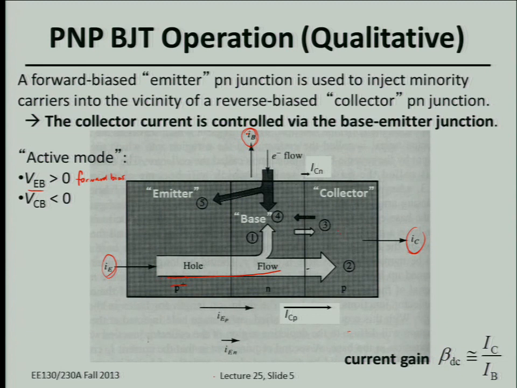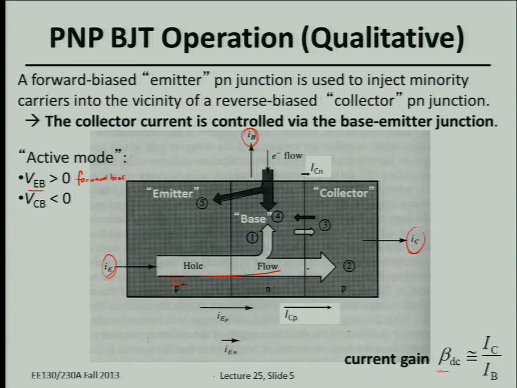That's the current gain, the DC current gain beta. It's defined to be the ratio of the collector current to the base current. In order for that to be a large number, much greater than 1, typically about 100, you want the emitter to be doped more heavily than the base.